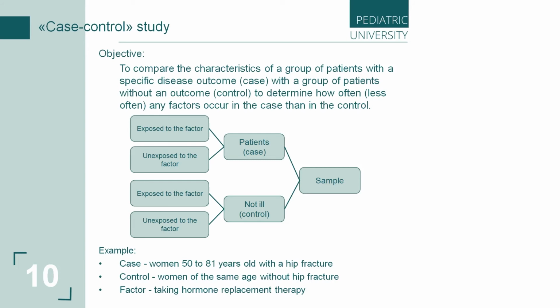The purpose of this study is to compare the characteristics of a group of patients with a particular disease outcome, called a case, to a group of patients without an outcome, called a control, to determine how much more or less often any factors occur in the case than in the control.